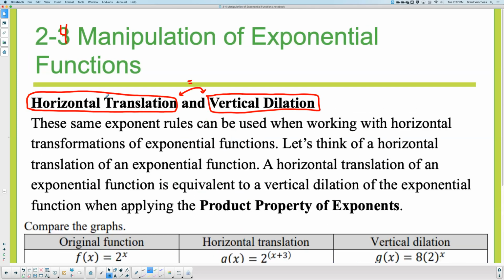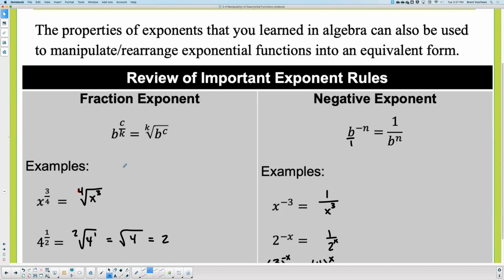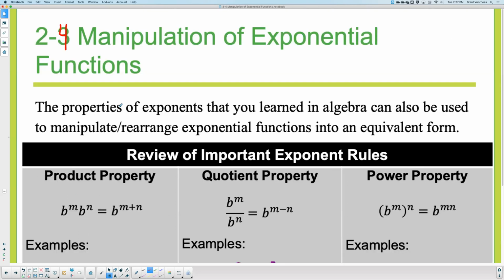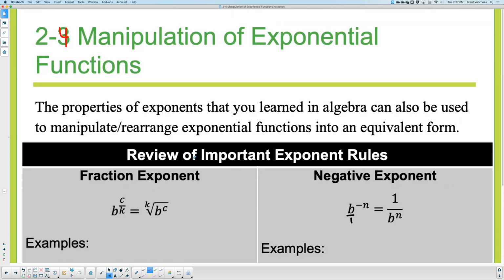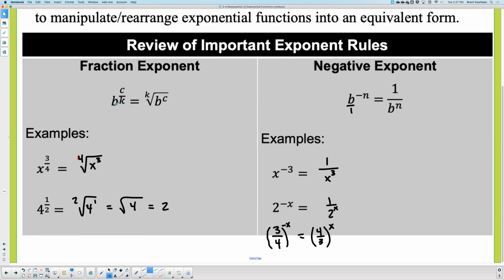If your power is a fraction, do I use this fraction rule or the quotient rule? Does our problem look like the quotient? No, it looked like a fraction exponent rule. We're going to change it to where we're doing a root of the denominator and the base is raised to the numerator.